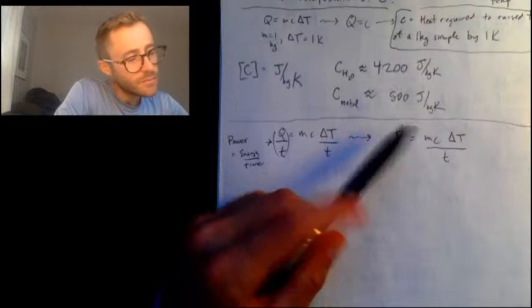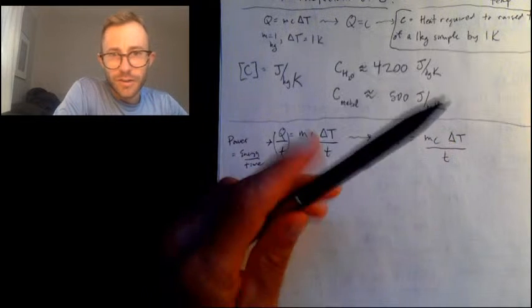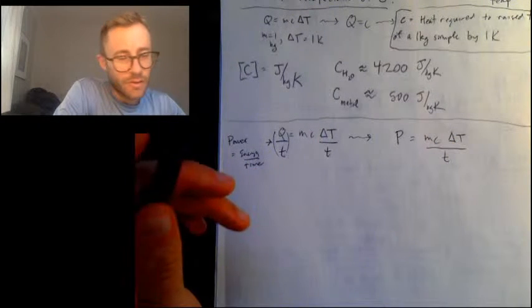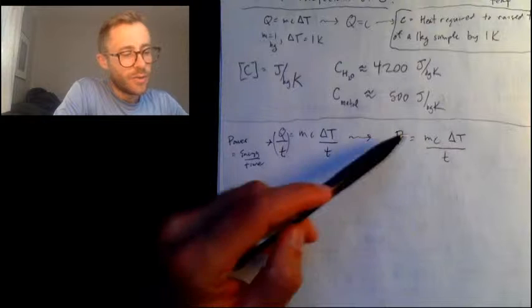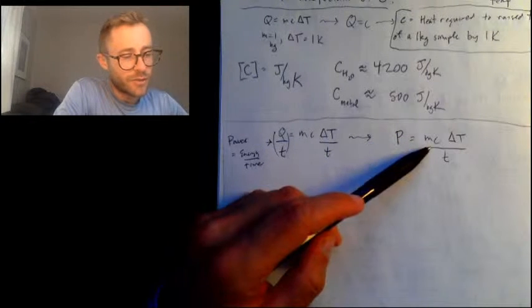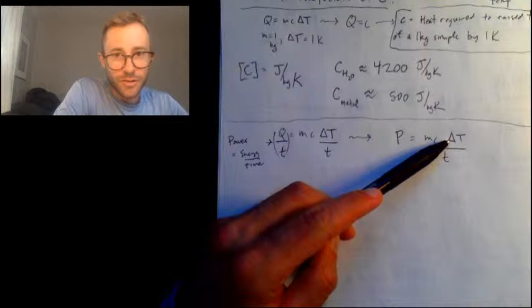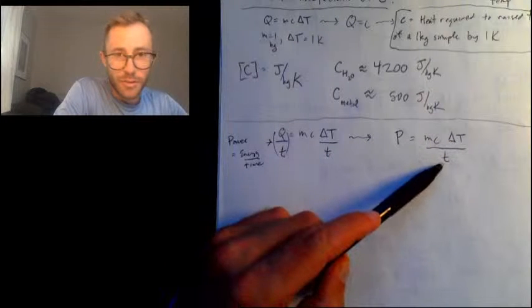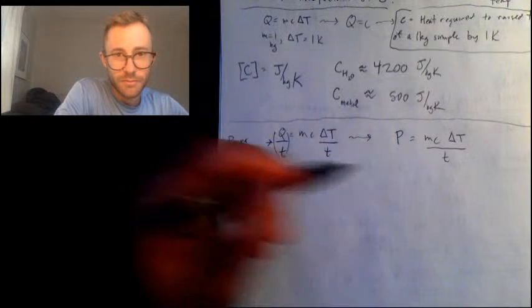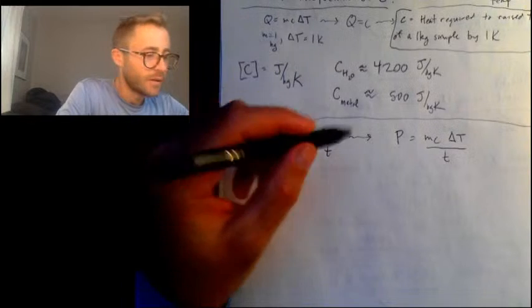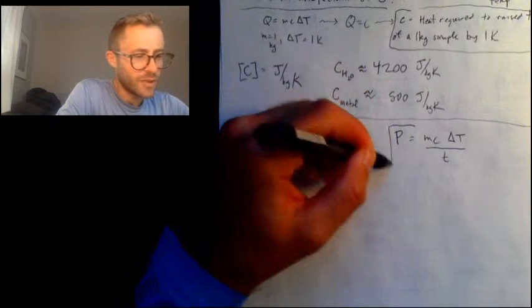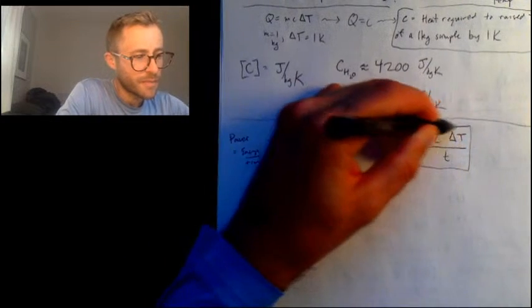So you might need to raise the temperature by 20 Kelvin or something. If you know the power output of your burner, the mass, the specific heat capacity, and how much you need to raise the temperature, you can calculate how much time it should cook for. So that's pretty cool. This equation is used on the IB exam from time to time.